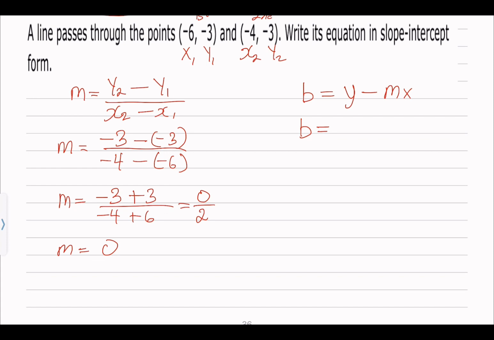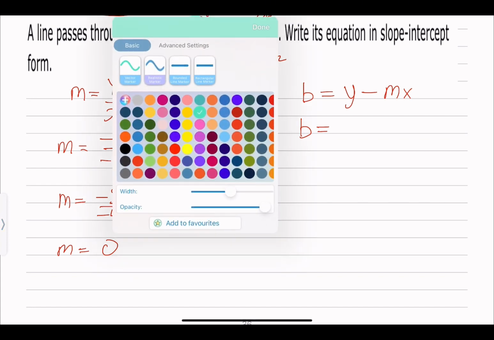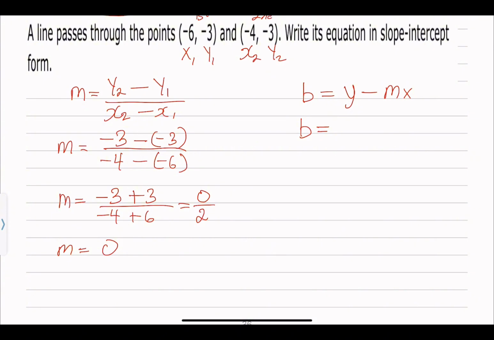Now, the question is, which of these do I use? Do I use the first or the second point? It doesn't really matter, but let's always use the first one so we're consistent. So B is y, which is negative 3, minus the m we just got, 0, times the x, negative 6.